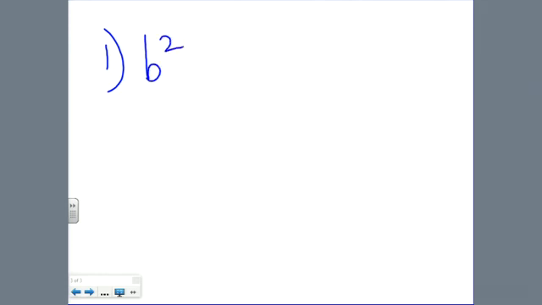And your letter doesn't have to be x all the time. It could be any letter that you're trying to solve for. Now the directions are: complete the trinomial so that it is a perfect square, and then actually factor the trinomial. These are the steps that you perform to complete the square.